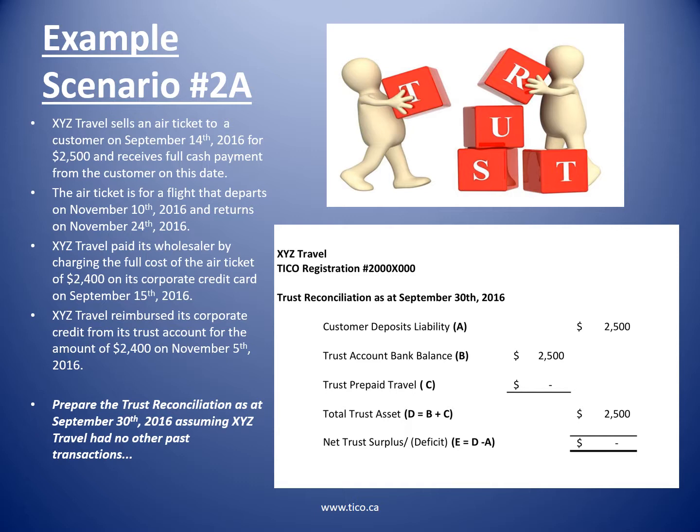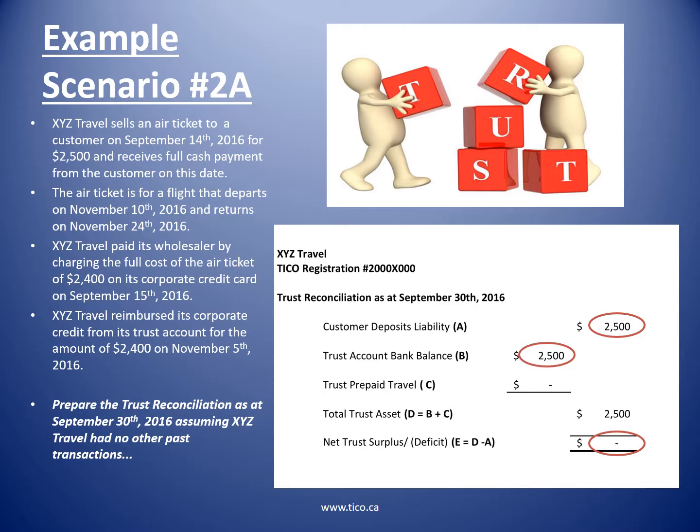Thus, the customer deposits liability balance as at September 30th, 2016 is $2,500. The balance sitting in the trust bank account as at September 30th, 2016 is $2,500. This represents the $2,500 customer receipts that had not yet been passed on to the related travel supplier as at September 30th, 2016.